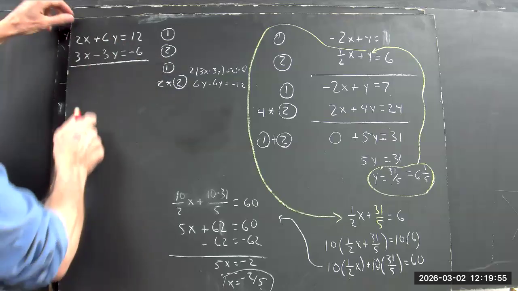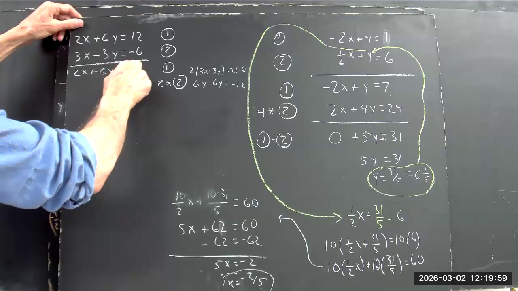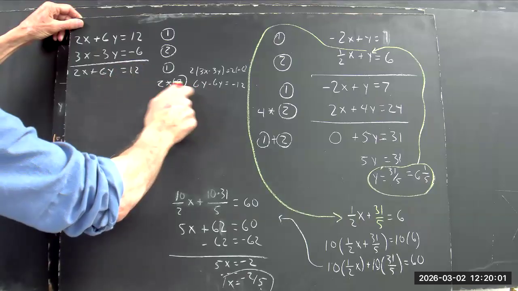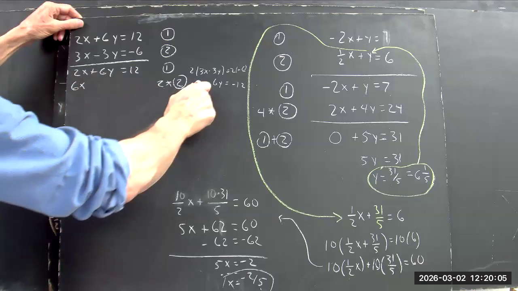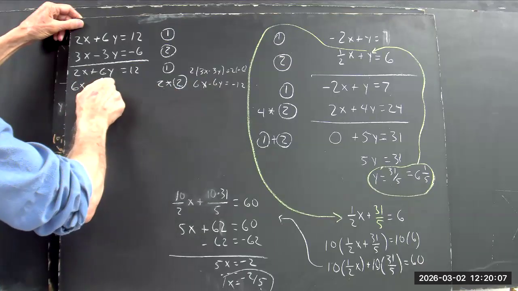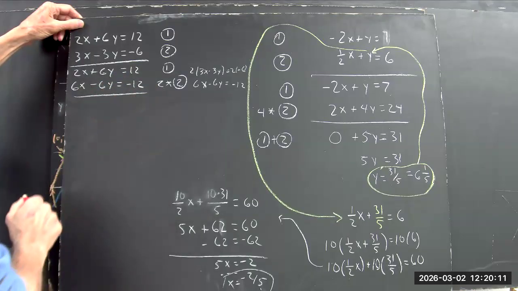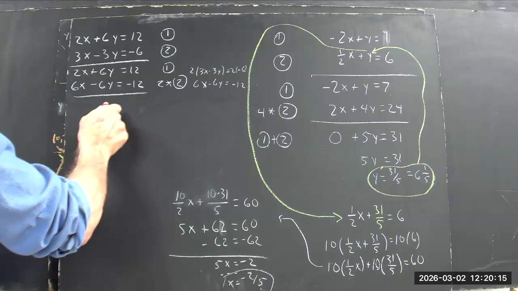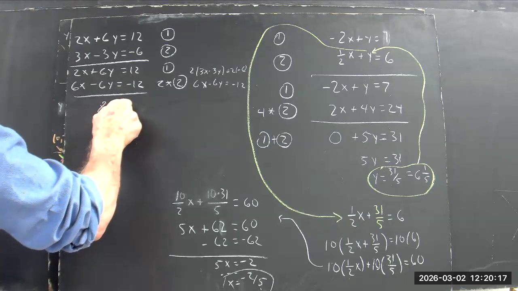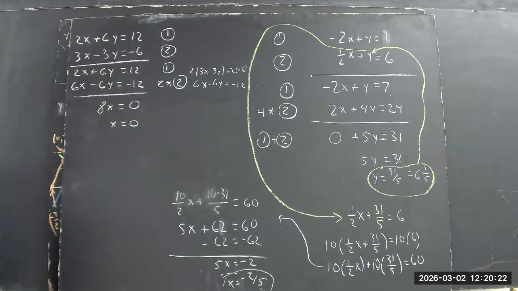Okay, so I'm going to write down the first equation, 2x plus 6y equals 12. And 2 times the second equation is going to be 6x, it should have been an x, minus 6y equals negative 12. So conveniently, when I add these, I get 8x equals 0. So x equals 0.